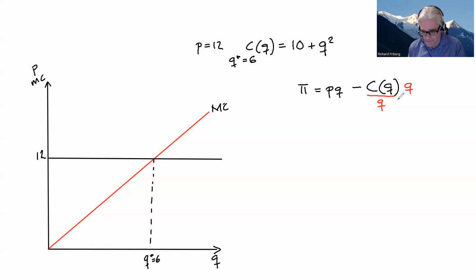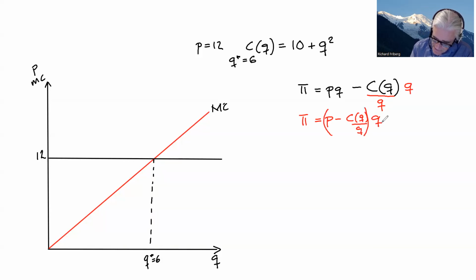So we can do that. Doesn't change anything. We can then break out the Q from this. So it means we can write this as price minus C over Q, like this, times Q. And what is this then? This is average total cost. Okay, so the difference between price and average total cost evaluated at the optimal quantity times quantity. That's another way to express profits.